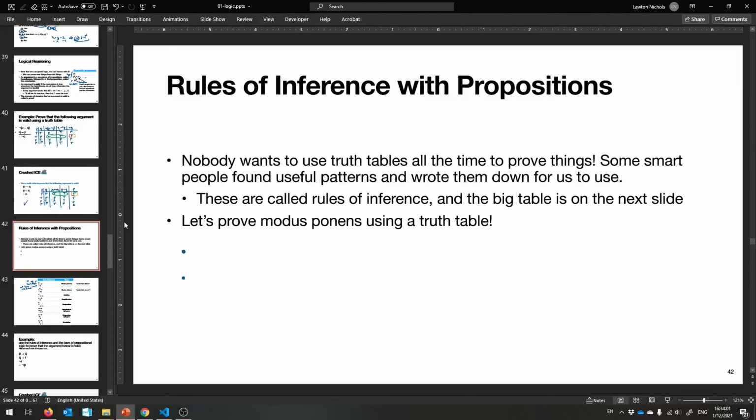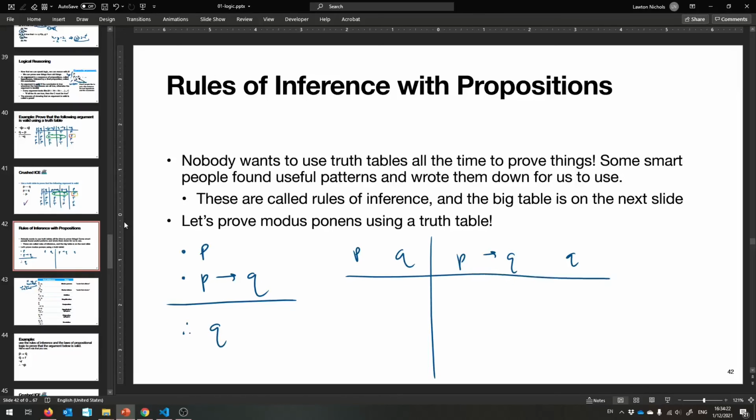It's assuming that we know P, it's assuming that we know P implies Q. And we'd like to show that therefore Q must be true. Okay? And we can prove this using a truth table. So again, P, Q, P implies Q, and for good measure, I'll copy Q over there just to make it all the same.